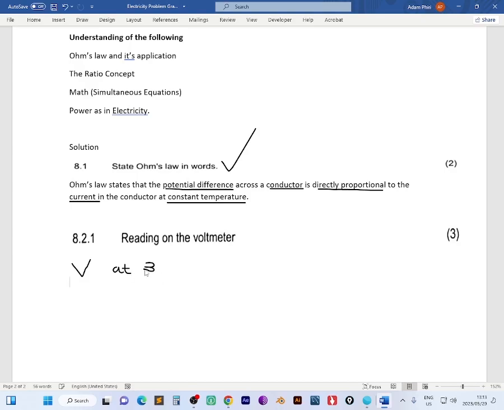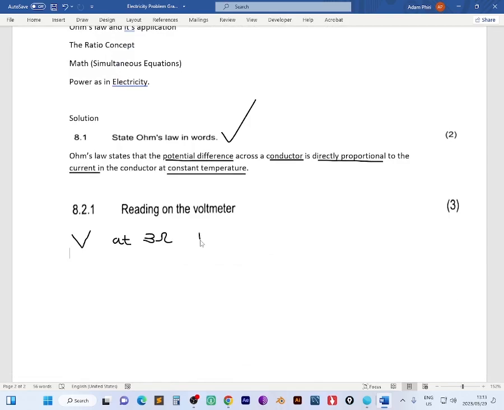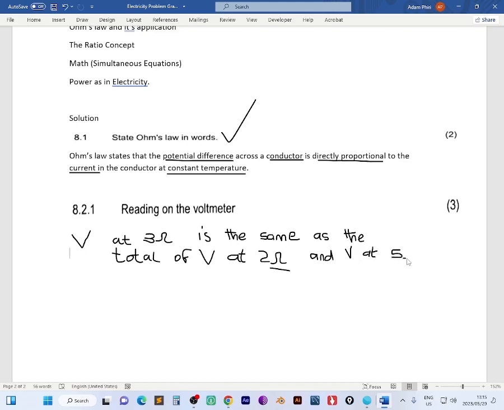Question 8.2.1. Here we have the potential difference across the 3 ohm resistor. Since the branches are in parallel, the potential difference is the same as on the other side, which has the 2 ohm resistor plus the 5 ohm resistor.